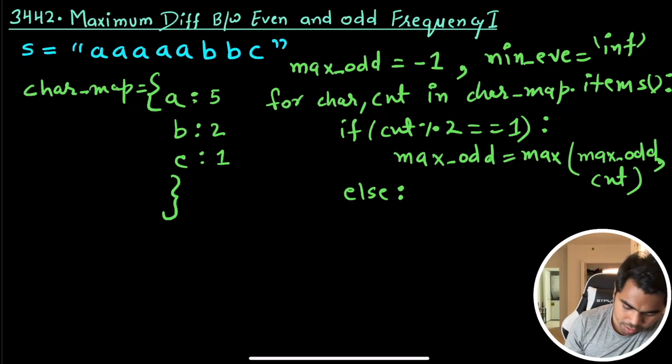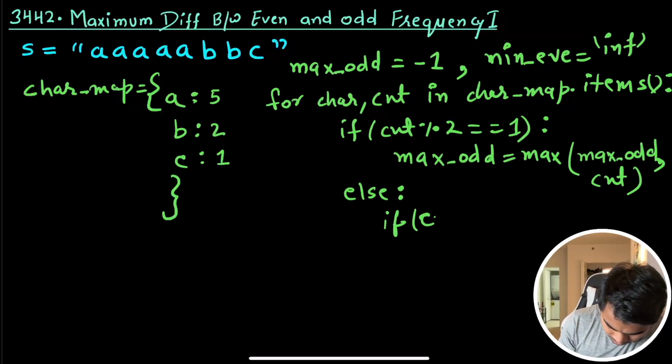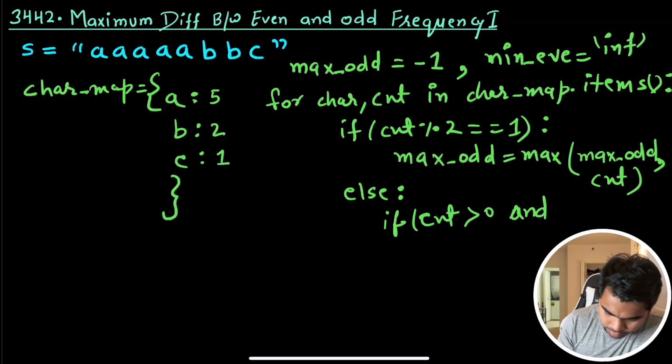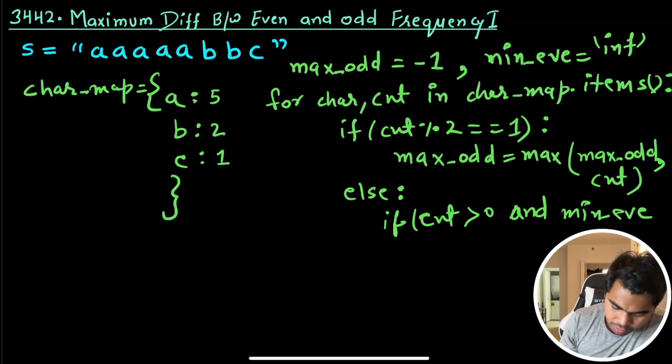Now if this count is greater than 0 and this count is less than min even, then that means if I find an even smaller even count, I assign that value to min even.